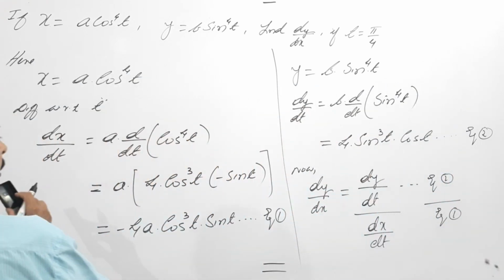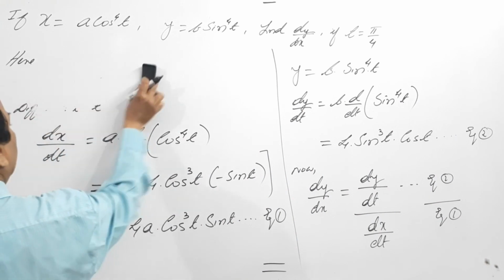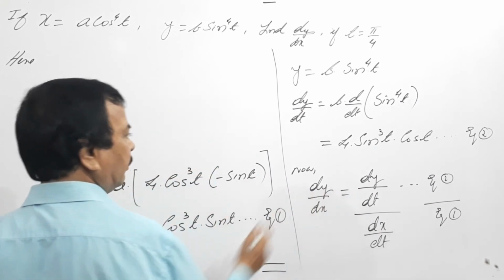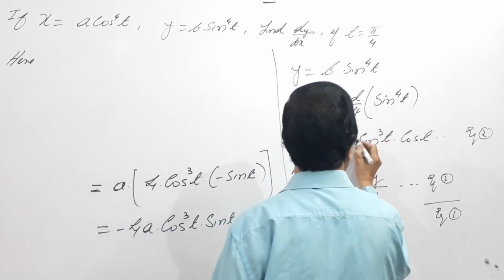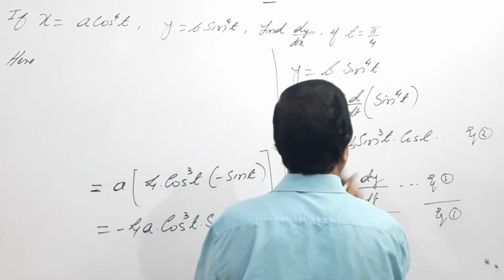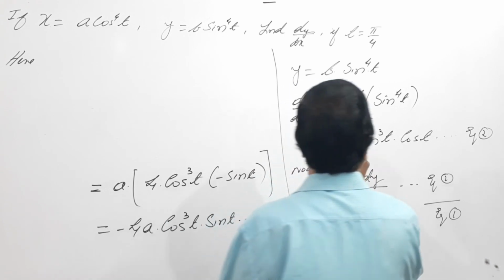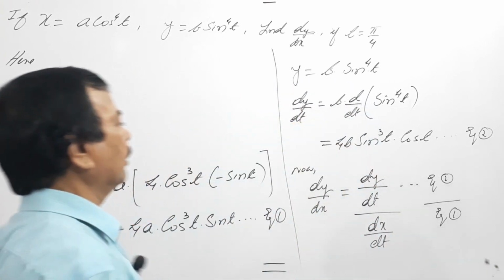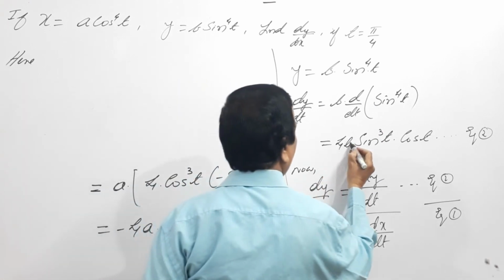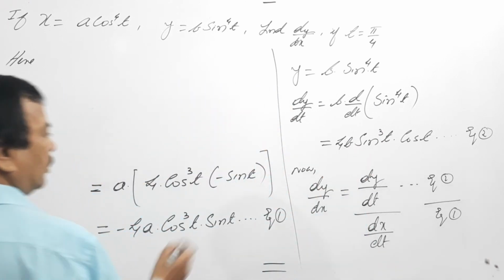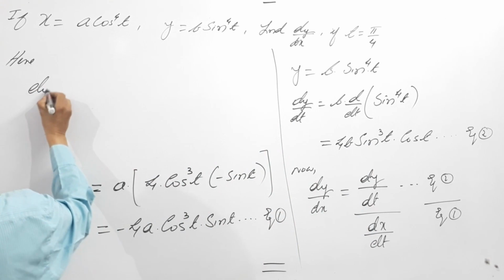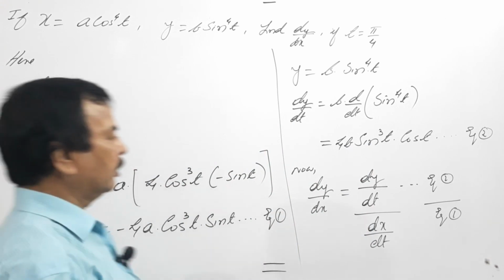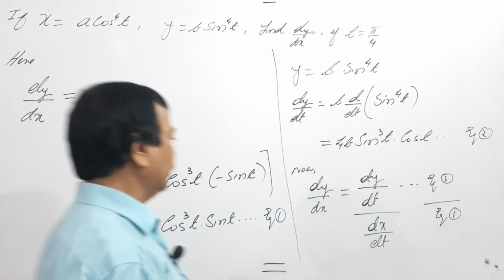Equation 2 has 4b here, equation 1 has 4a. So dy by dx equals equation 2 by equation 1.